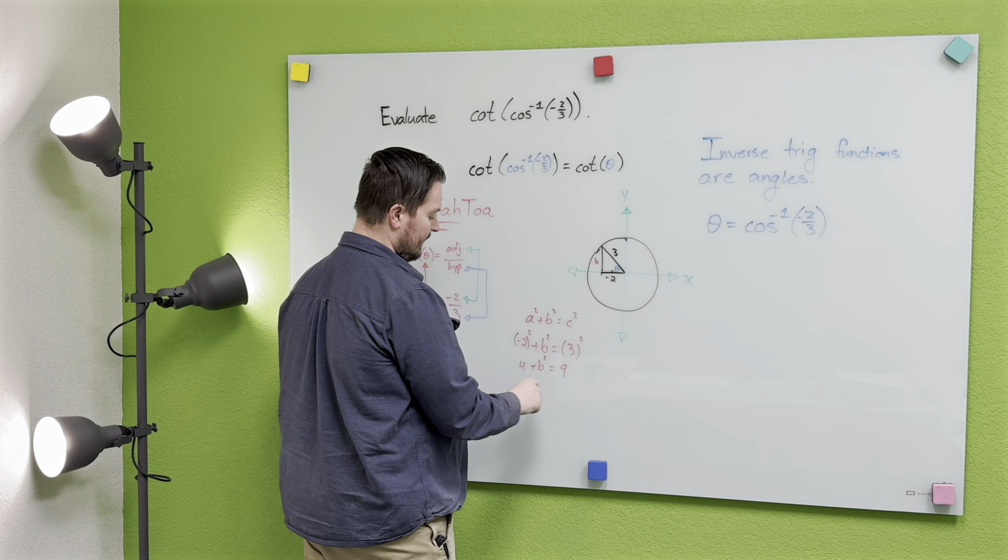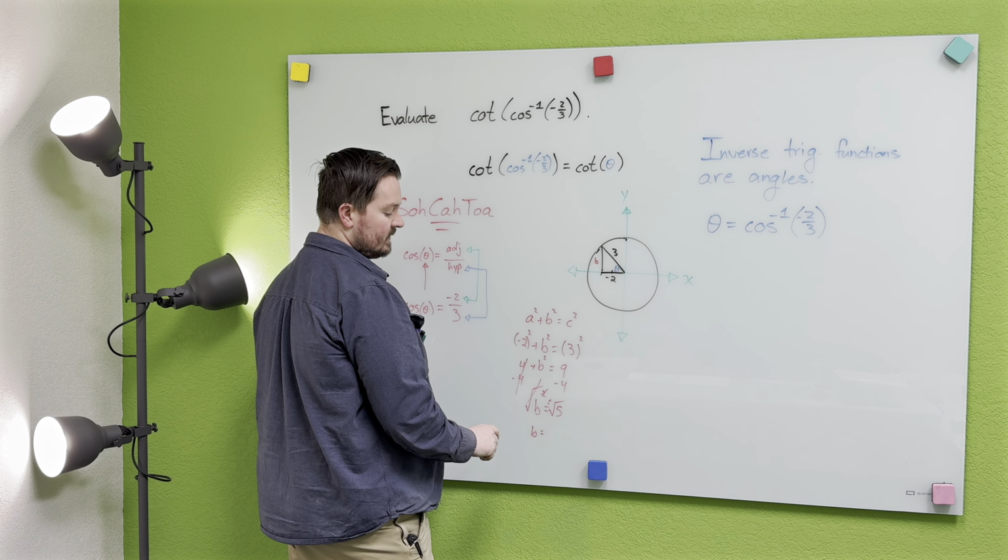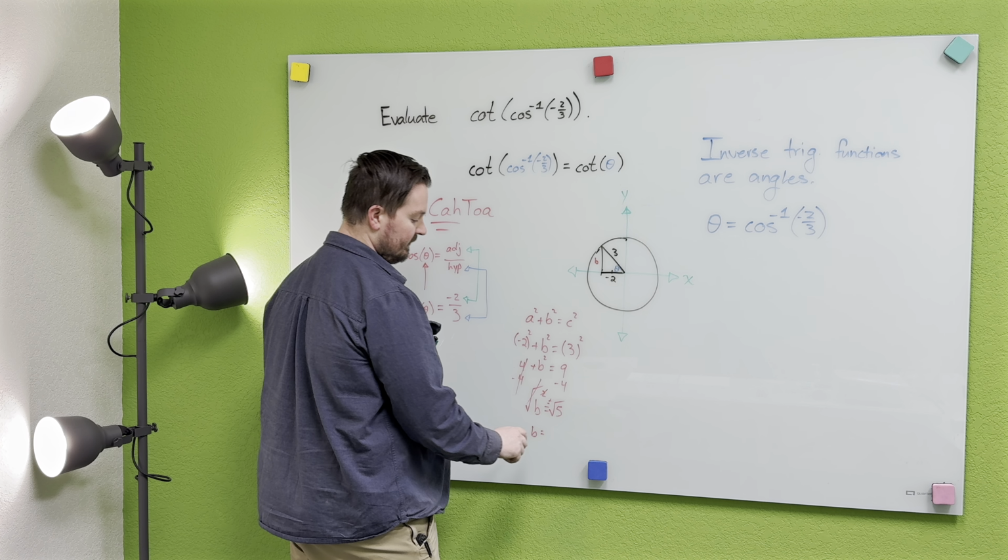If we subtract 4 from both sides, we have b squared equals 5. If we take the square root of each side, that cancels the square with the square root. Even though b is technically plus or minus square root of 5, I've drawn this so that b is above the x-axis, so that makes it positive square root of 5.